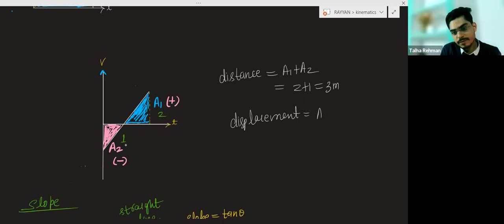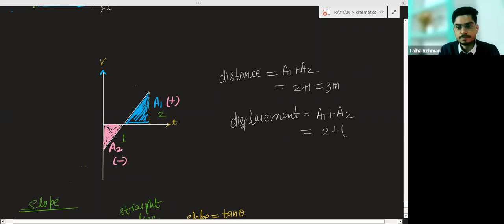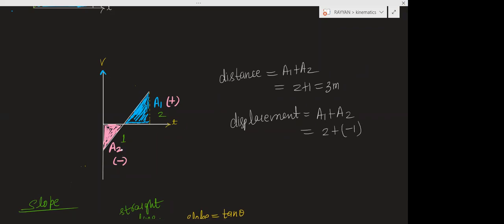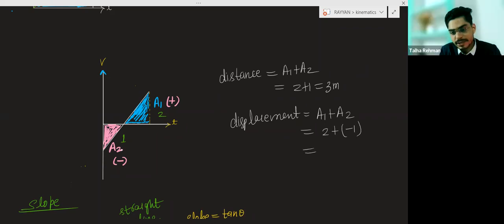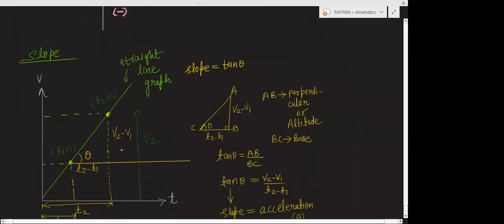You will do A1 plus A2, but the value of A1 is 2 and this A2 value you will take negative, means minus 1. So 2 plus minus 1 means 2 minus 1, that is 1 meter.